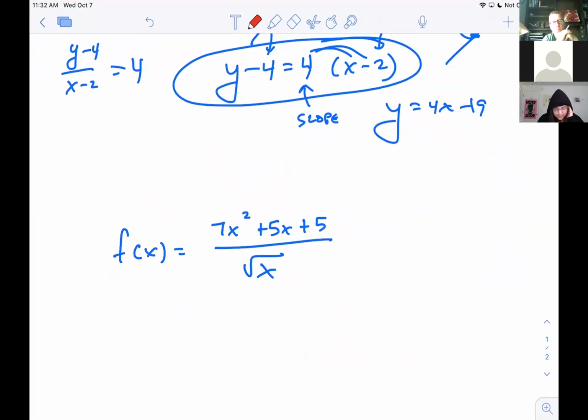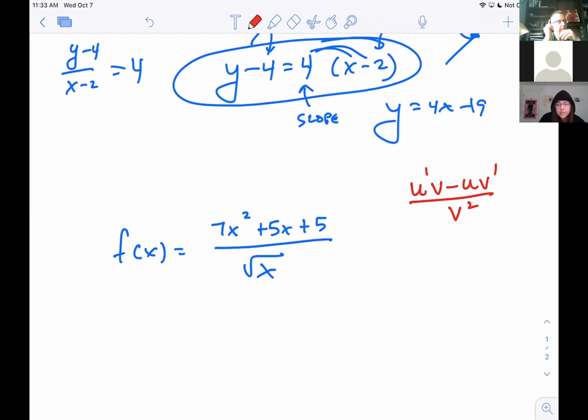I don't know why I didn't show my work. Just real quick, could you switch this to a multiplication?